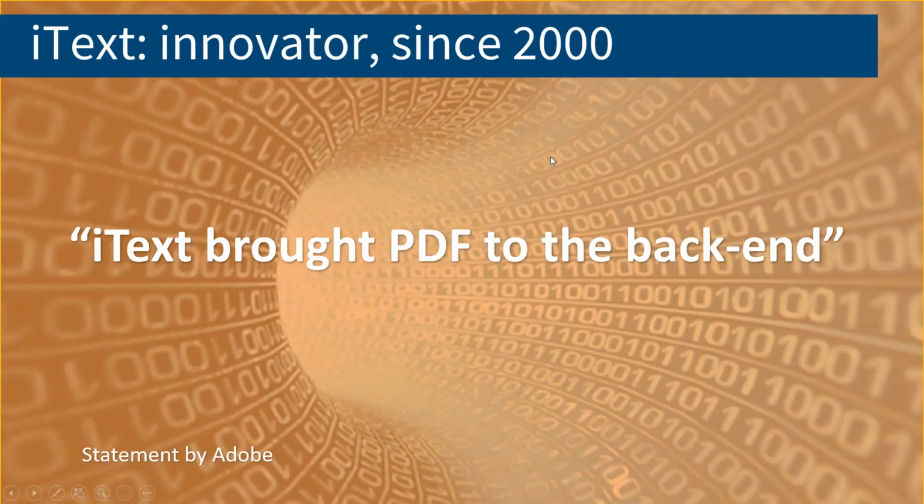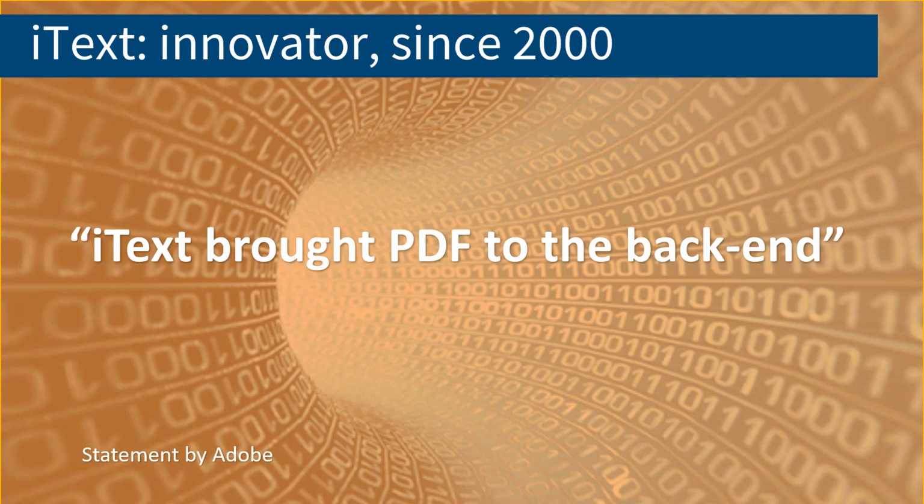Before we zoom into all of that, let me just stop for a second and talk a little bit about iText. iText is often referred to as the company that brought PDF to the backend. And that's actually true. It's about 20 years ago that the founder of the company came up with a PDF library, a developer library to create PDFs.